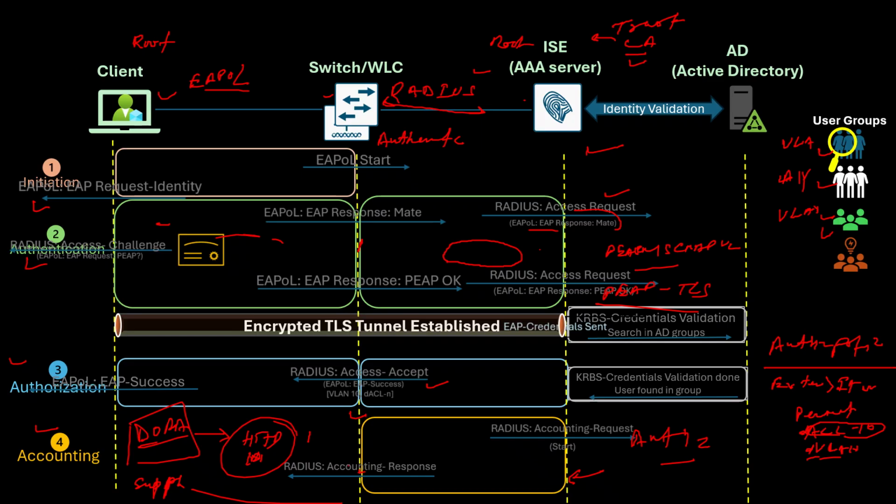This key generation happens when the Dot1x authentication is successful. After that, the key will be generated so that further traffic will be encrypted. The data traffic will be encrypted using those shared keys. The shared key is a separate topic that I will cover in a separate video.